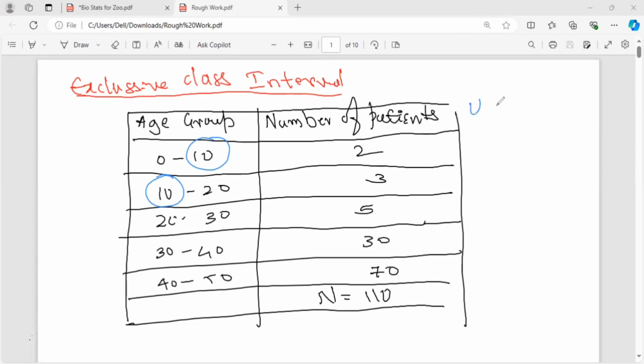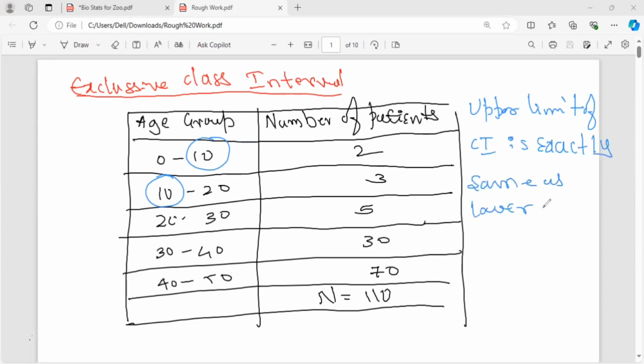So here, the upper limit of a class interval is exactly the same as the lower limit of the next class interval, right? So this is what an exclusive class interval is.